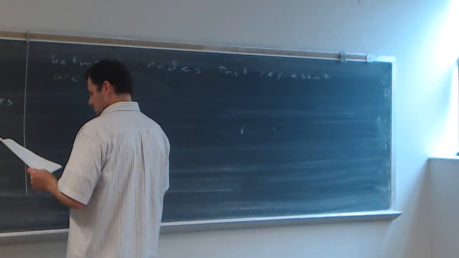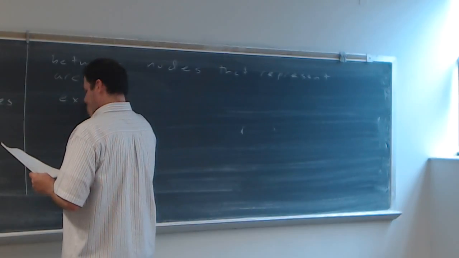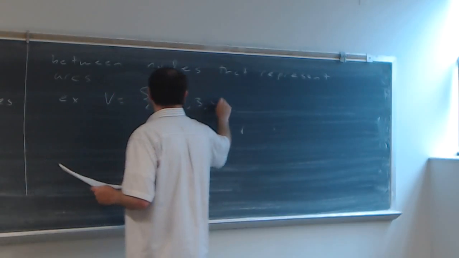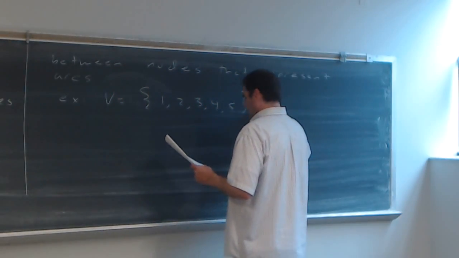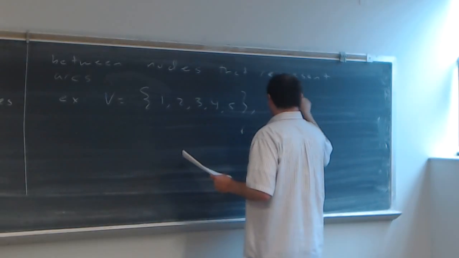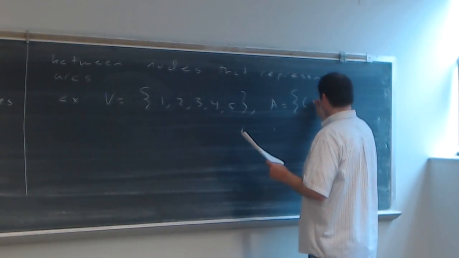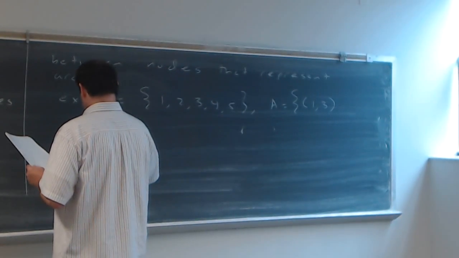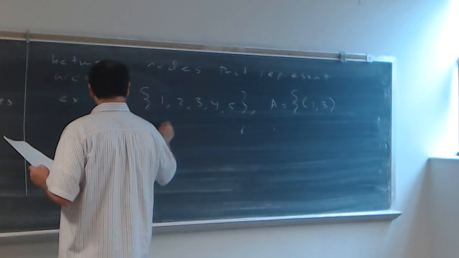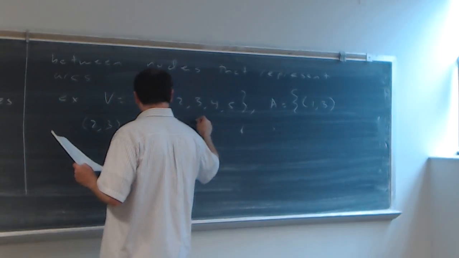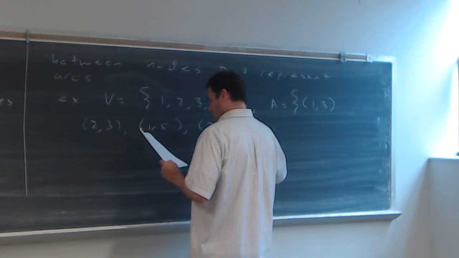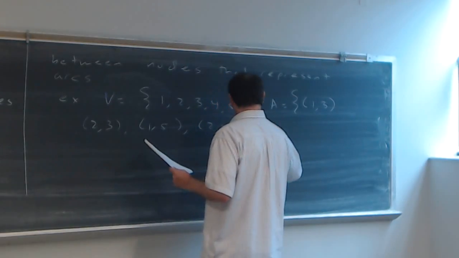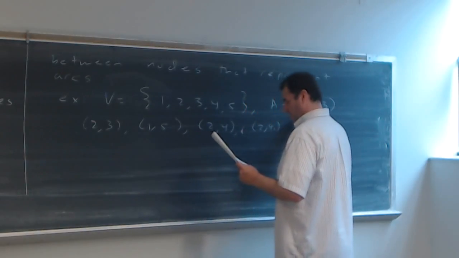So here as an example, we have maybe V is equal to the set of nodes 1, 2, 3, 4, and 5. And we have the arcs represented by these tuples. Let's say 1 and 3, 2 and 3, 1 and 5, 2 and 4, 2 and 4, and then 1 and 1.